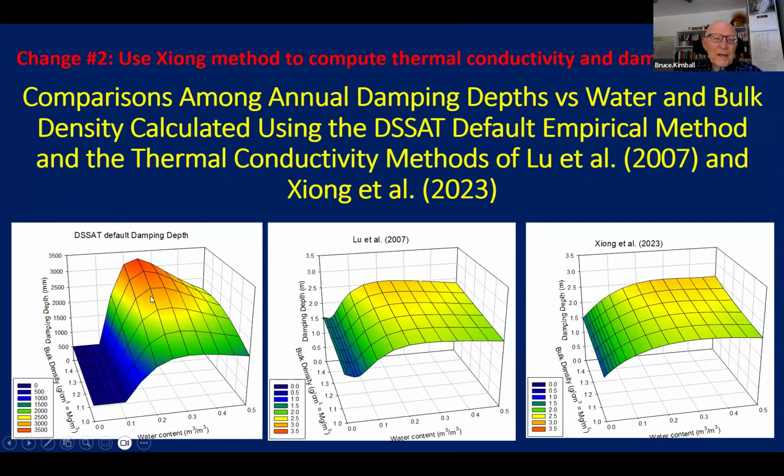And you can see there's a kind of a hill in it. Now, the equations that are being used in most of the models date back to about the 1960s, but this Sion model that was published in '23 is based on a lot more measurements of thermal conductivity, and it's pretty flat up here. It doesn't have this big hill in it. So I incorporated that into the computation of the damping depth.